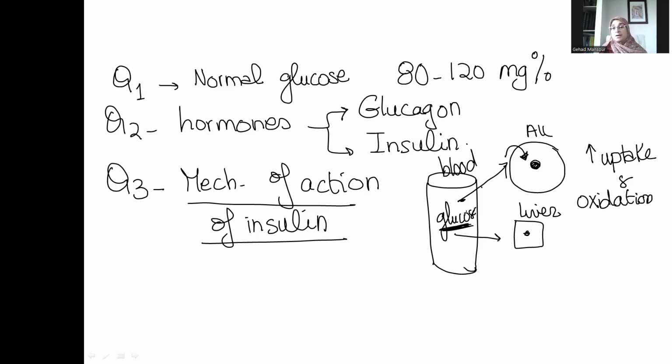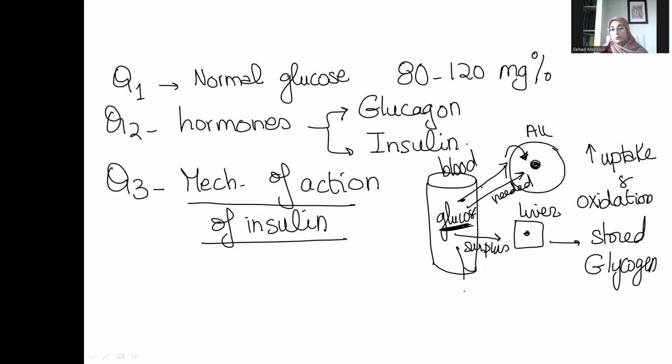Similarly, what you take to all body cells is the required glucose. But if you have surplus glucose, this surplus glucose will be stored in the liver as glycogen, which is the complex carbohydrate we've studied in the digestive system.